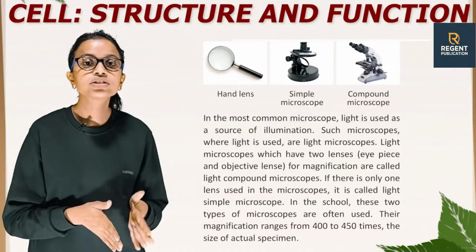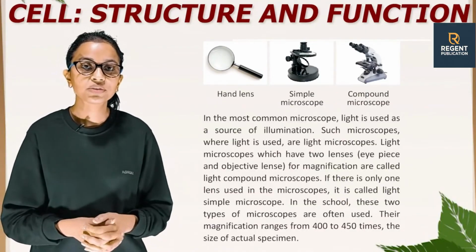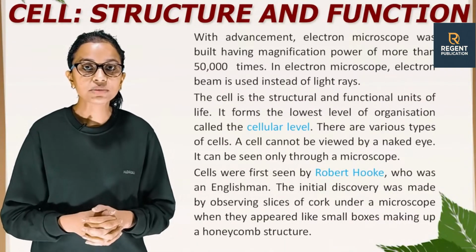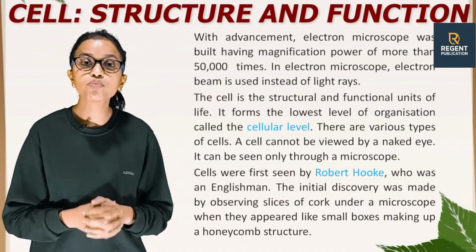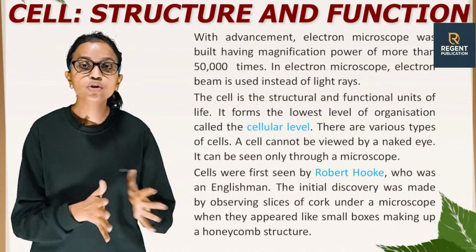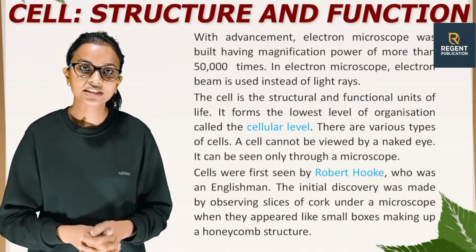Their magnification ranges from 400 to 450 times the size of actual specimen. With advancement, electron microscope was built having magnification power of more than 50,000 times. In electron microscope, electron beam is used instead of light rays.